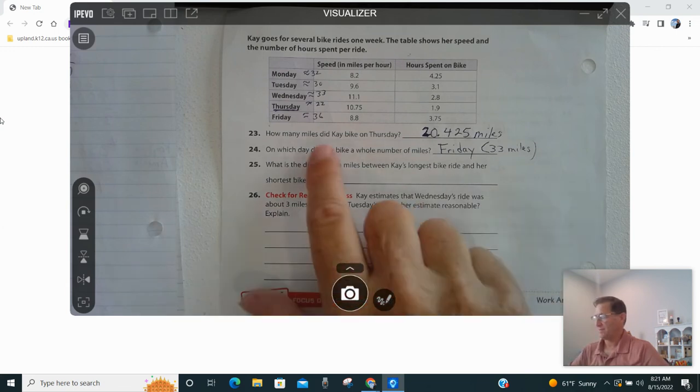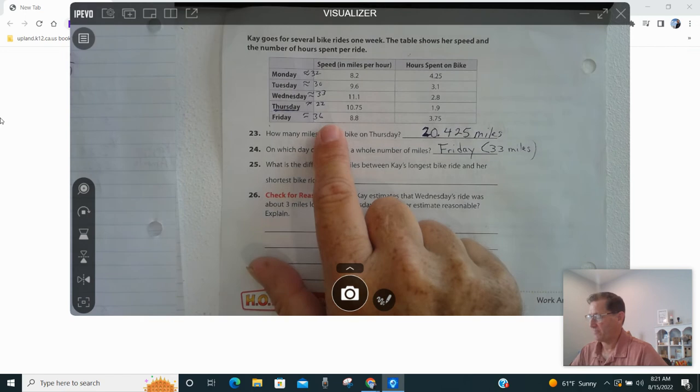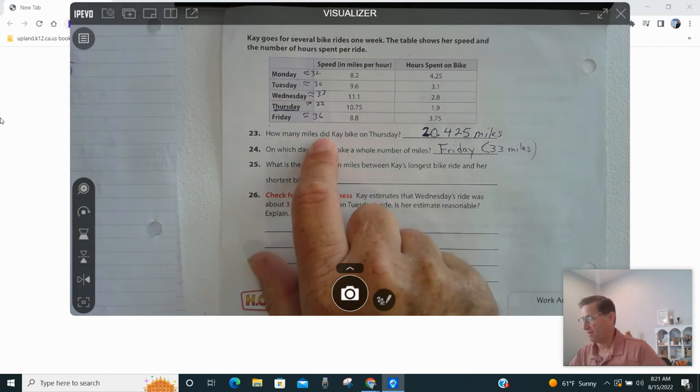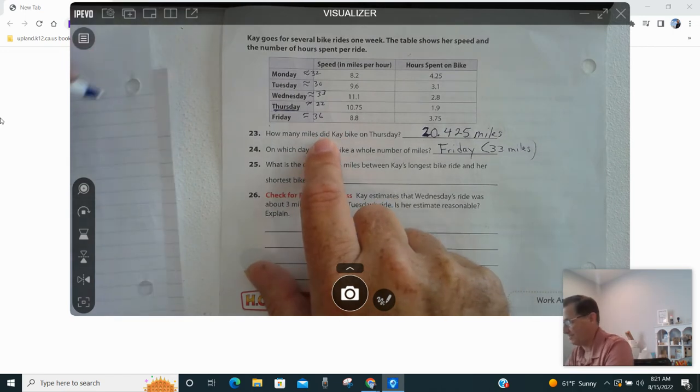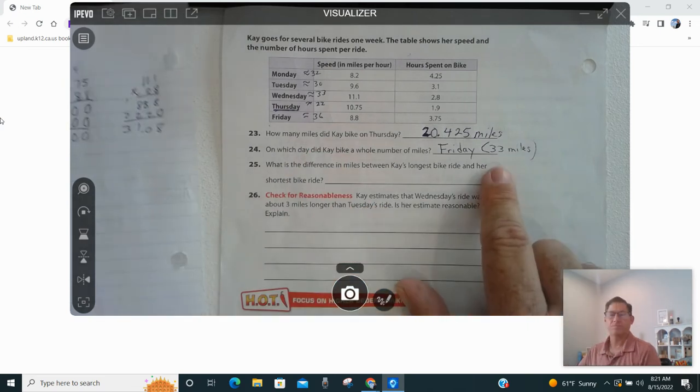It looks like the longest ride is either going to be Friday or Wednesday. So I am going to go ahead and multiply Wednesday just to double check. It's 31, yeah. So Friday is 33 miles, so that's the most.